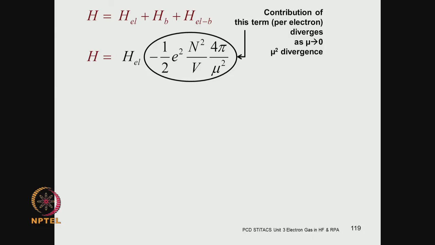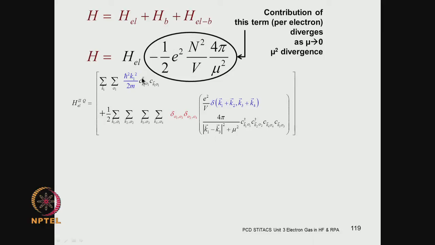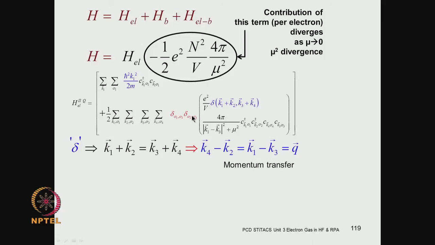So this is the mu square divergence that we were worried about. This is the second quantized form of the electron Hamiltonian that we have now got. We have got the Fourier transform of the screened Coulomb interaction. The whole Hamiltonian is written in second quantized form in terms of the creation and destruction operators.